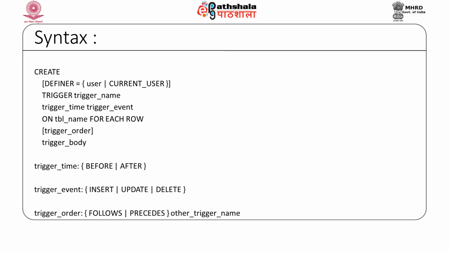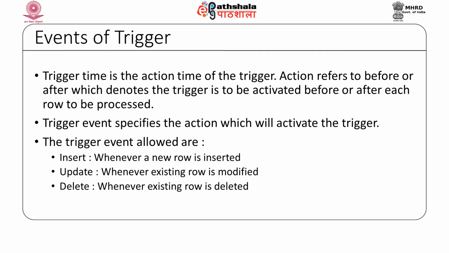So, when we see the event part in detail, the events of triggers are specified as insert, update and delete. Insert will be fired whenever a new row is inserted, update will be fired whenever an existing row is modified, and delete will be fired whenever an existing row is deleted.